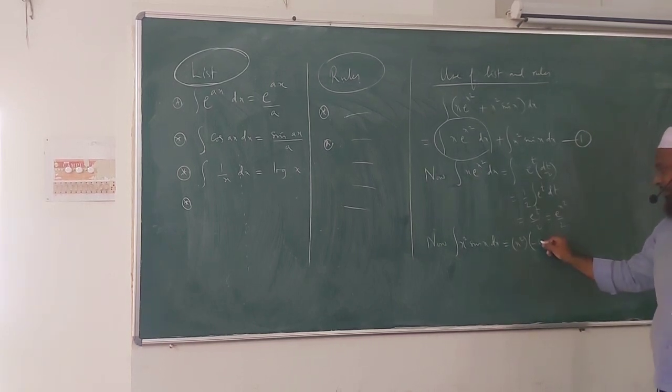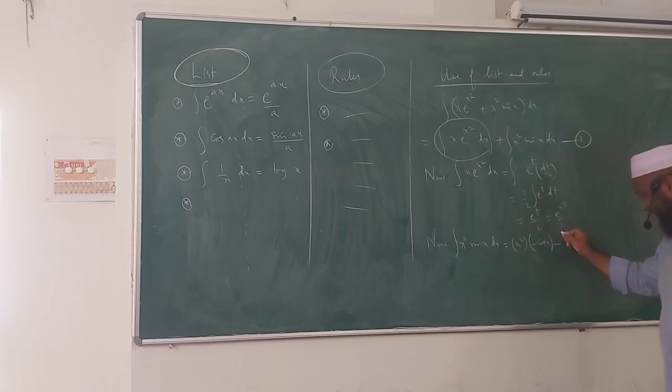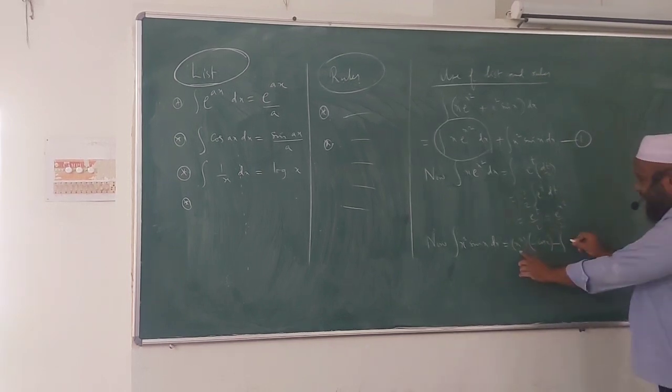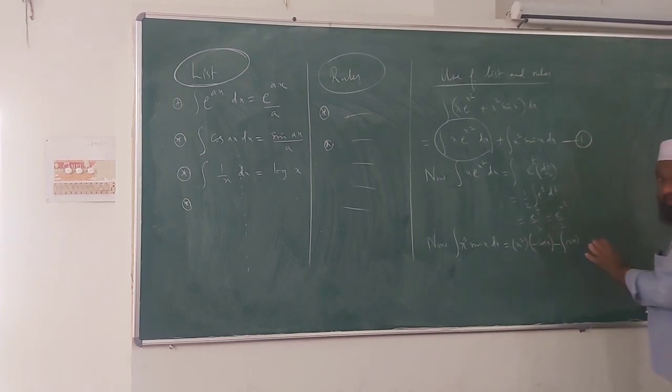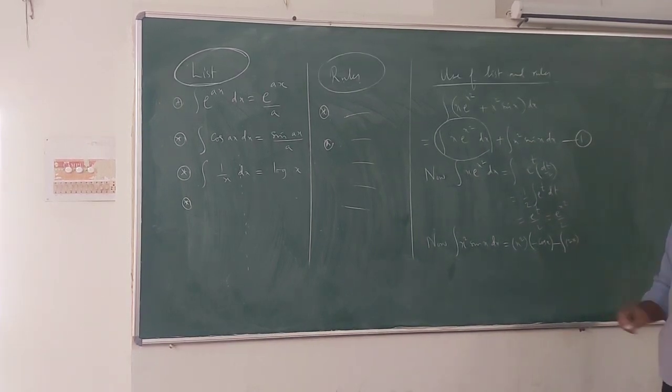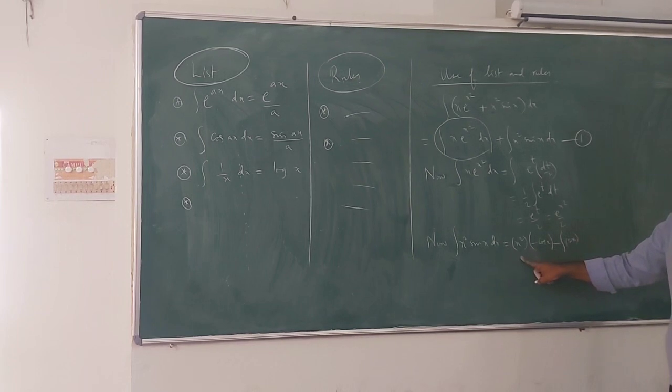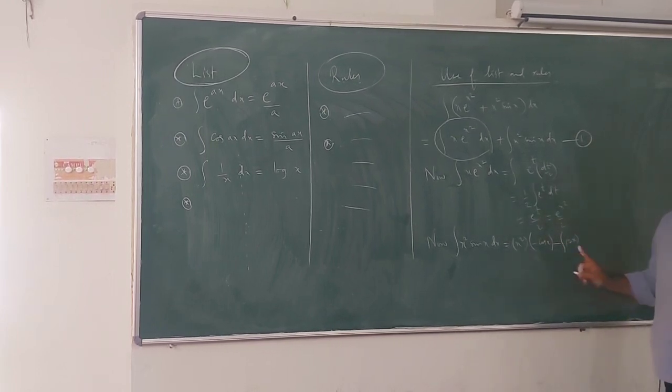Minus cos x, minus integral. Now the derivative will come. Then this same part will appear because integral g of x dx will come one time with f of x, one time with f dash x.